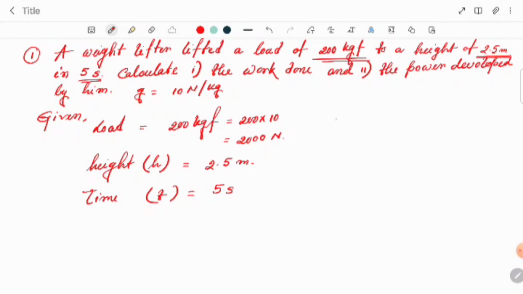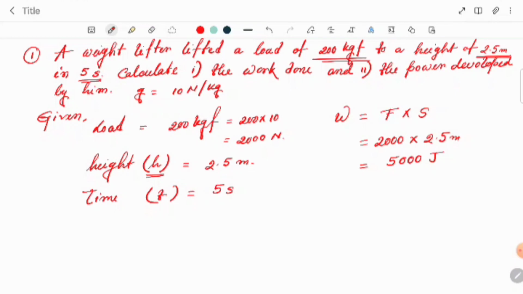So we have to calculate the work done. Work done is W equal to force into displacement. Here displacement is in the sense of height, and the load is already one type of force only, so 2000 into the height 2.5 meter, it will come 5000. The SI unit of work is joule, so 5000 joule.